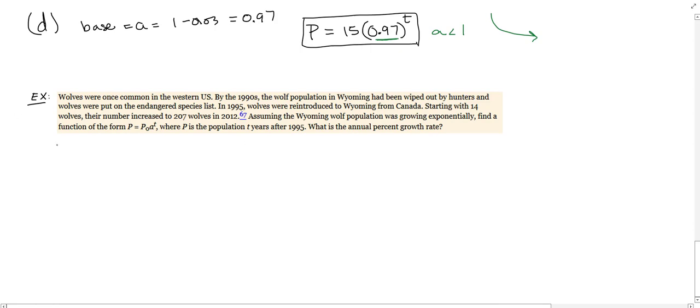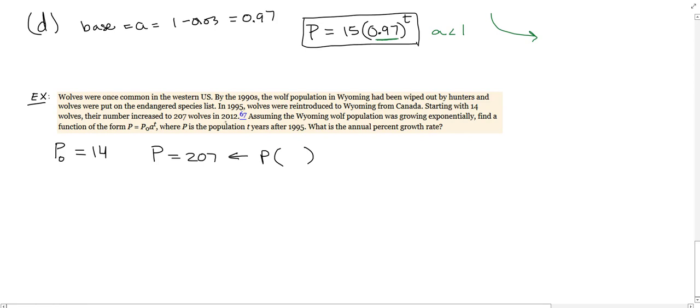So let's identify from the given information what we know. We know that we started out with 14 wolves, so that's actually P naught. We know another population value. We know that later, in another year, that P was 207, but we have to specify for what t value that would be. So to be more specific here, P of some t value.